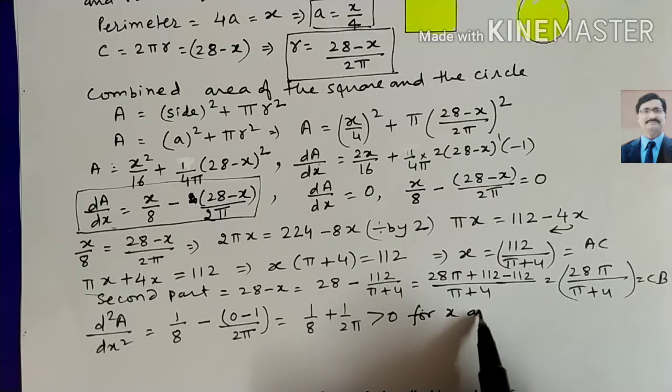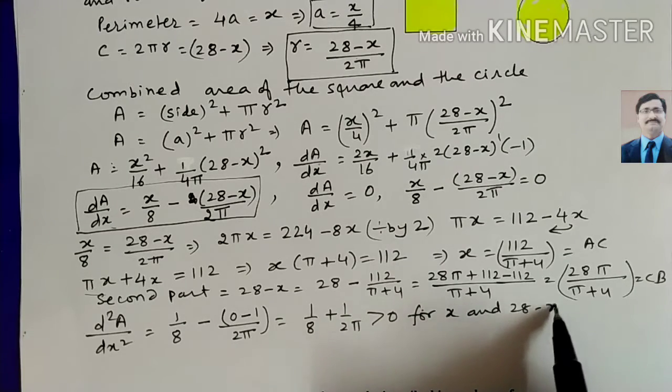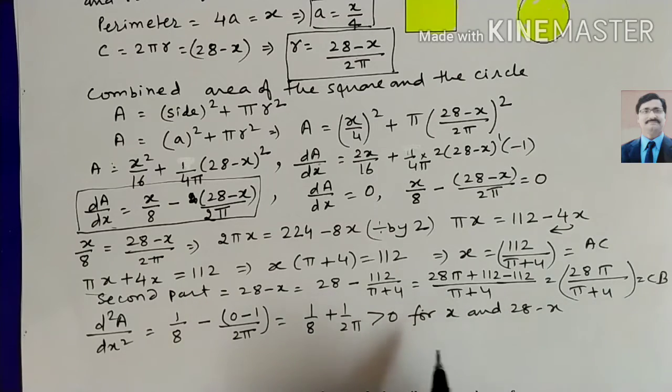x and 28 minus x, we can write 4x we can write.